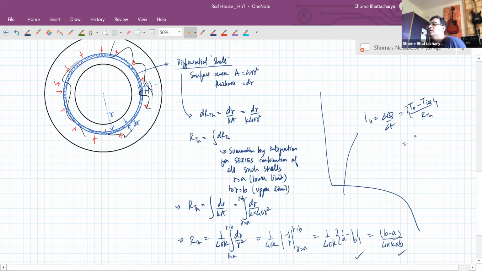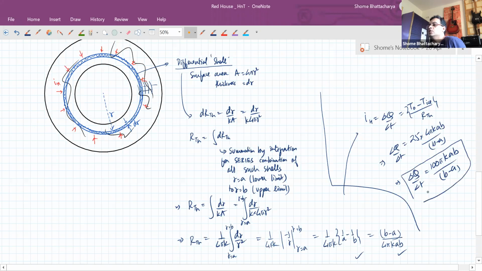So in this case, that will become 25 into 4 pi KAB divided by B minus A. So it's like a hybrid formula I've got: the temperature difference is known numerically, the rest is in parameters. Okay. 100 pi KAB divided by B minus A. So if we substitute A, B and K in all the SI units, we will get this in watts or in joules per second. So that takes care of the first part, the thermal current.